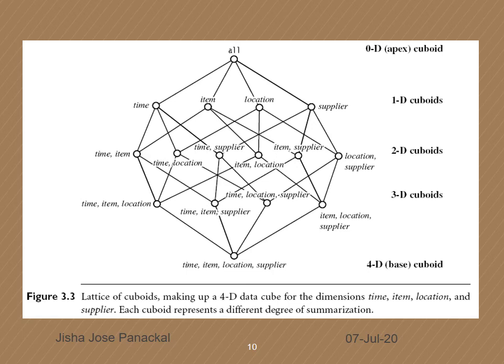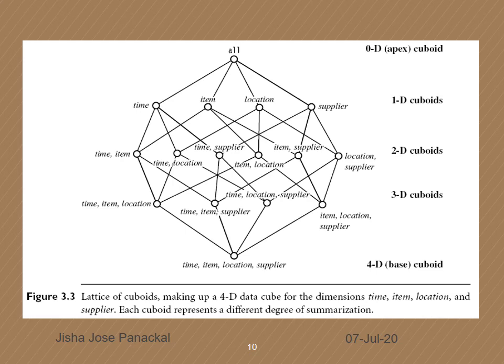That is the advantage of a data warehouse. We can maintain and see different levels of summarization or different levels of abstraction. That is shown here. So this is known as a lattice of cuboids, and the lattice of cuboids together makes a data cube. Each cuboid represents a different level of summarization.